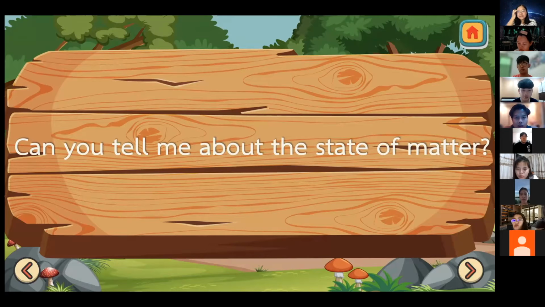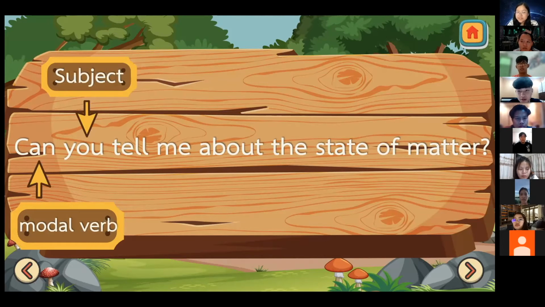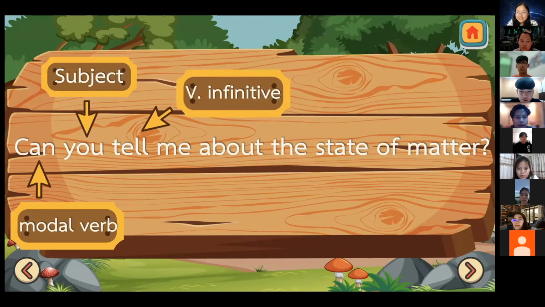But when you talk about interrogative, the final sound will be rising. The modal verb is can, and you is the subject because it's a pronoun. And the verb infinitive is tell.